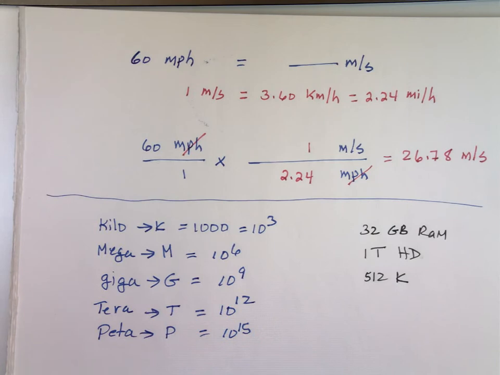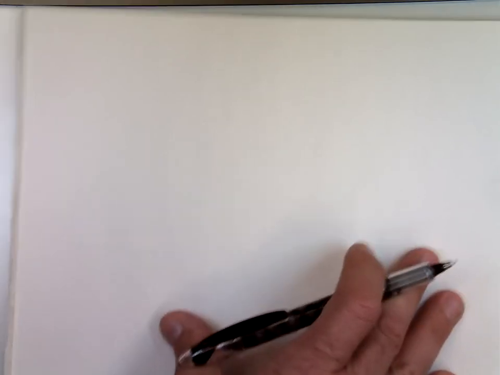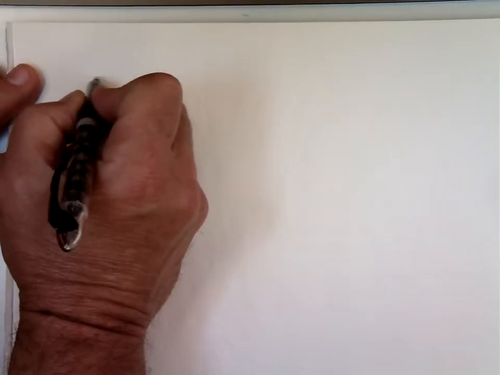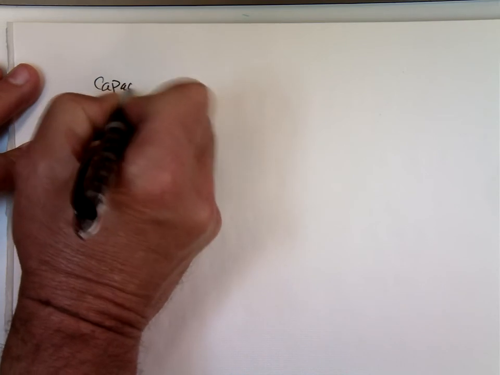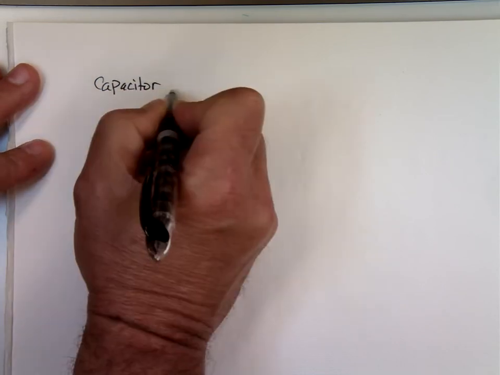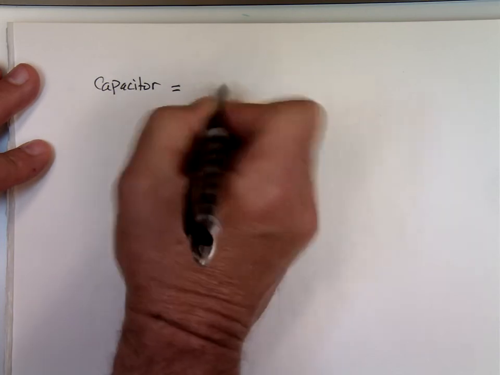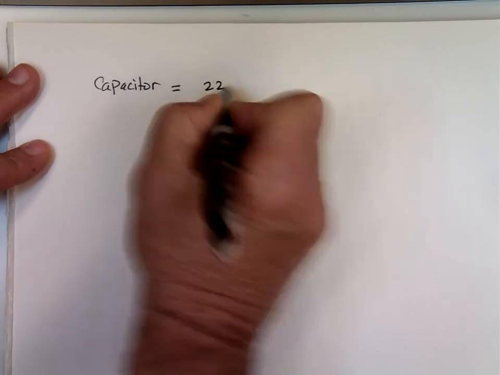So how do you convert? If I ask you to convert, I said we have this device. We have a capacitor. You don't have to know what a capacitor is. It has a value equal to 22 microfarad.